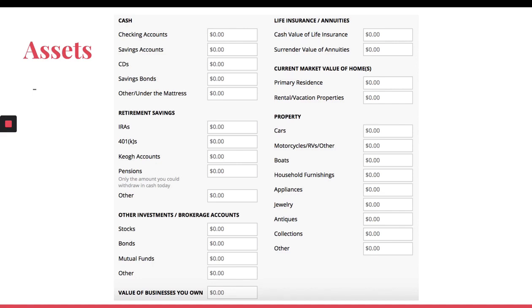The beauty of Roth IRAs is that you pay the taxes now, and then it accumulates interest tax-free. So in 30 years, when you retire, you don't have to pay taxes on that, and all the money that you accumulated is tax-free. Wonderful.